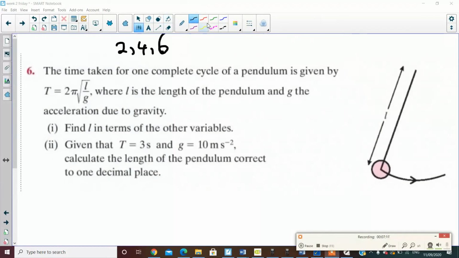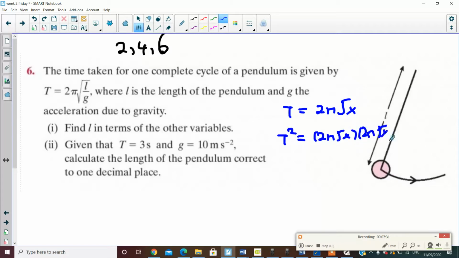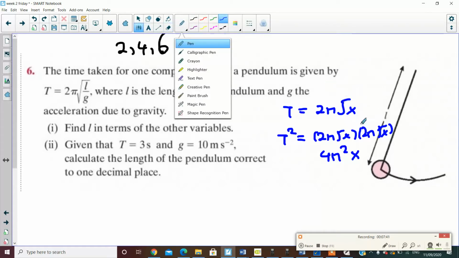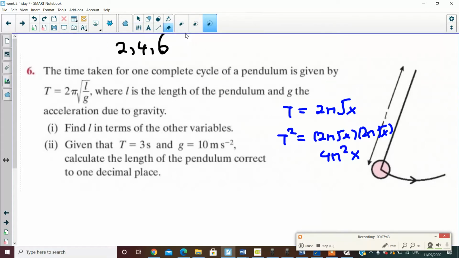Question. If I had, for example, t equals 2 pi root x, let's say, and I squared both sides, it'd be t squared equals 2 pi root x by 2 pi root x. And then the 2 pi's multiplied by 2 pi give you 4 pi squared, and the root x by the root x just gives you x. Expand that to having a fraction instead, where you have L over G, like so.